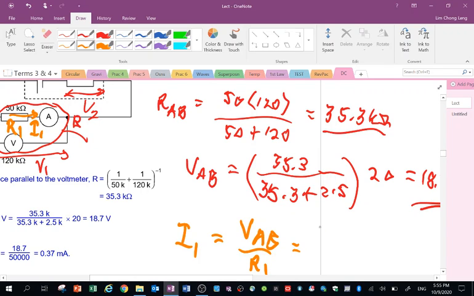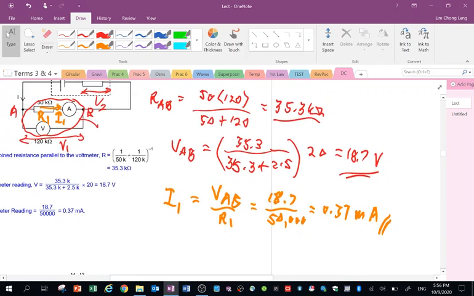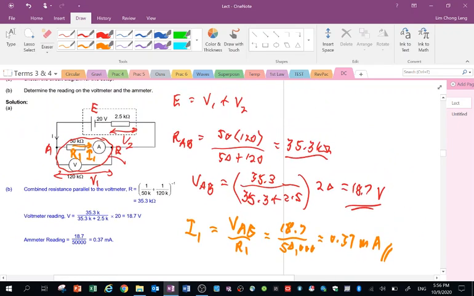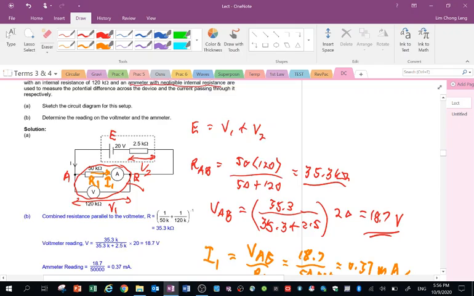So that will be 18.7 divided by 50,000, which gives me 0.37 milliampere. I'm going to minimize this and you can see how this question is solved. The voltmeter reading is actually the PD across AB, right?